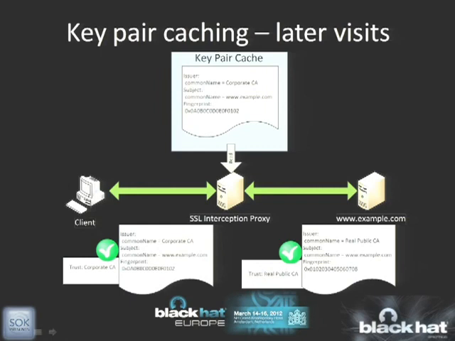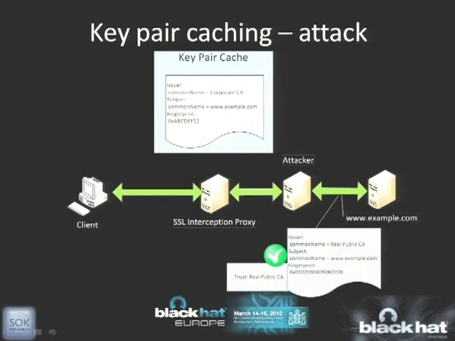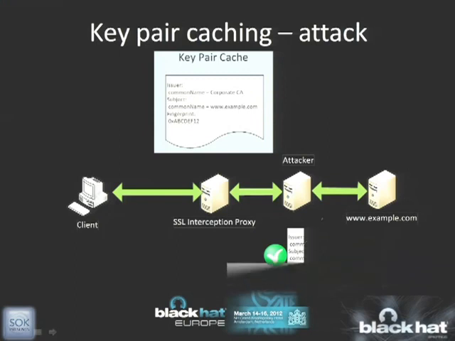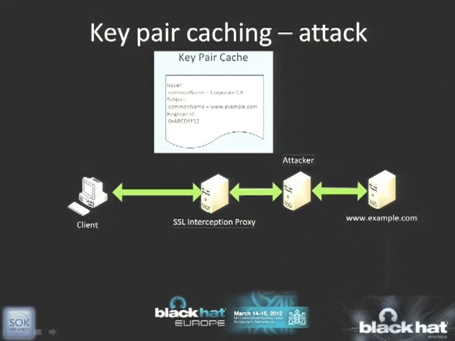Now, where the problem comes in is if we have an attacker acting as a man in the middle on the outside, and the key pair has already been cached. The server, again, presents its certificate. The attacker doesn't necessarily validate it, doesn't really care about it too much, so they just drop it. They insert their own certificate, and you'll notice that the certificate fingerprint I'm using in my examples has changed.